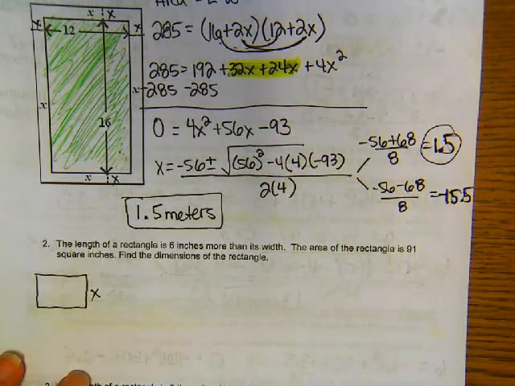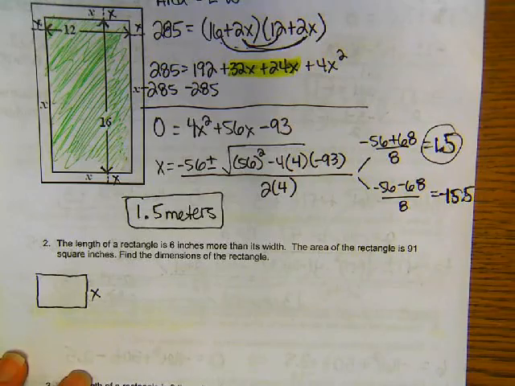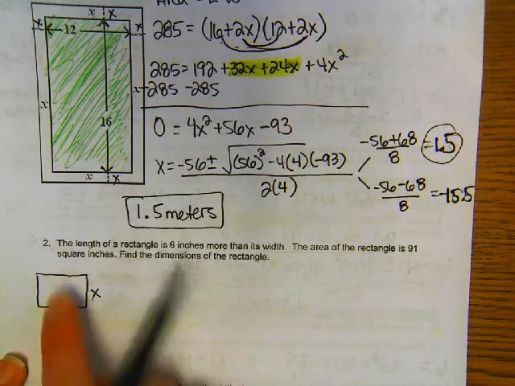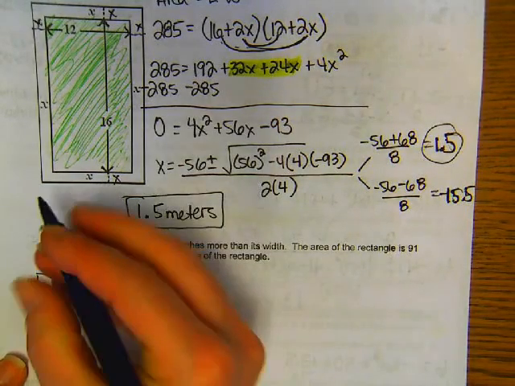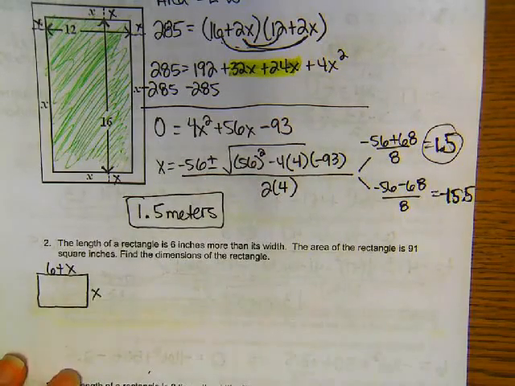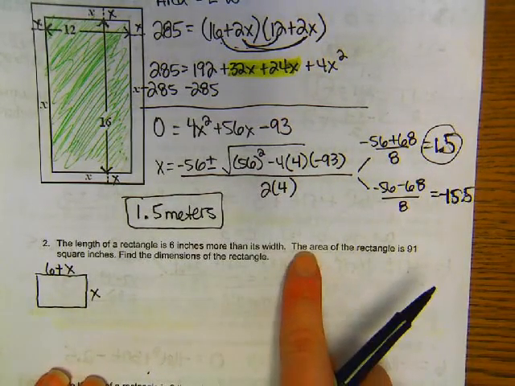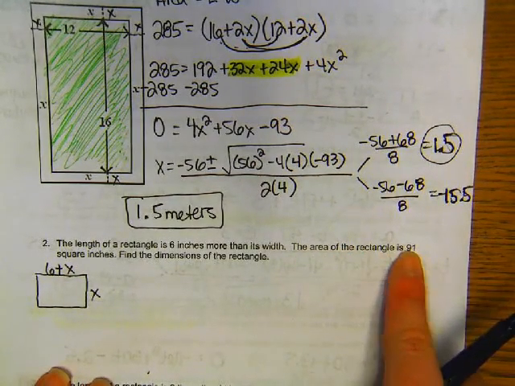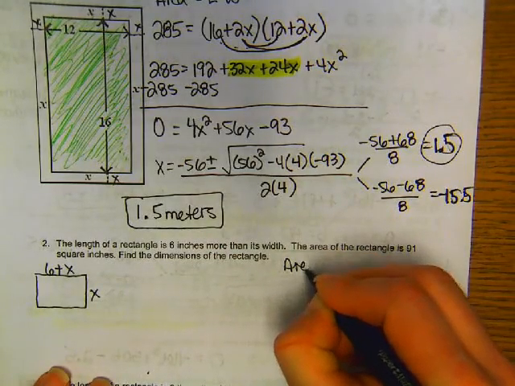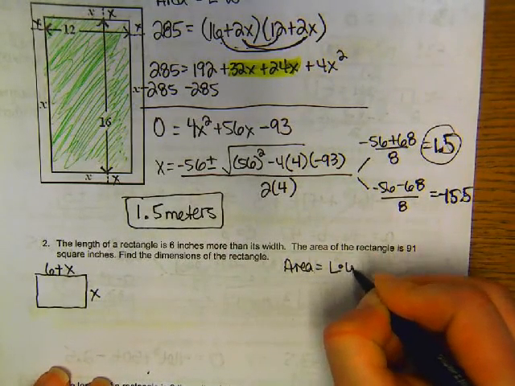So let's call its width x. So then if the length is 6 more inches than its width, what would be an expression for its length? 6 plus x.